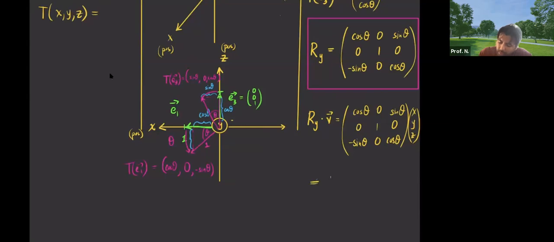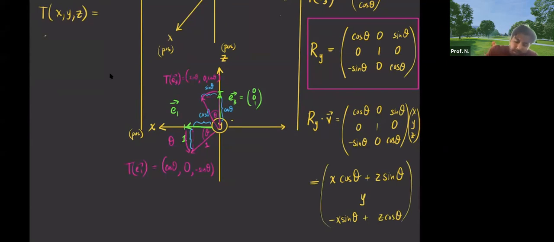I get x cosine theta plus z sine theta, I get y, and then I get negative x sine theta plus z cosine theta. And so this would be my operator. This is how I would express it.